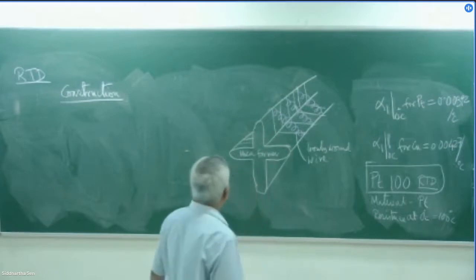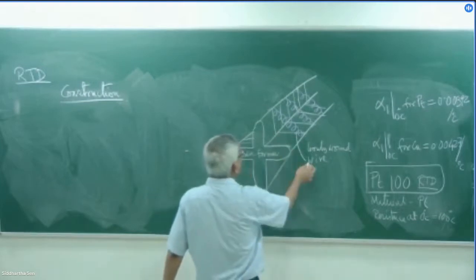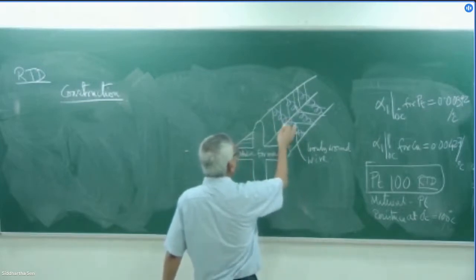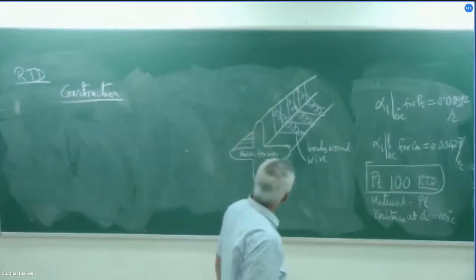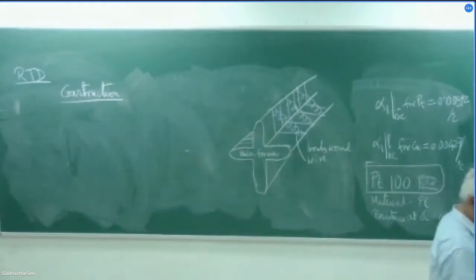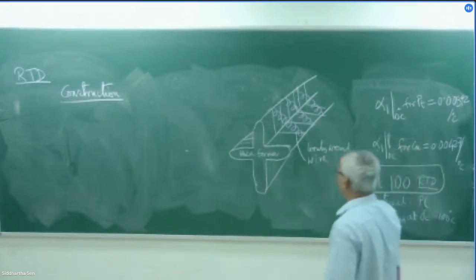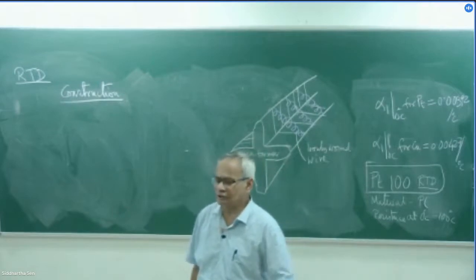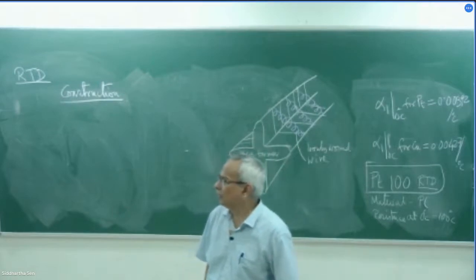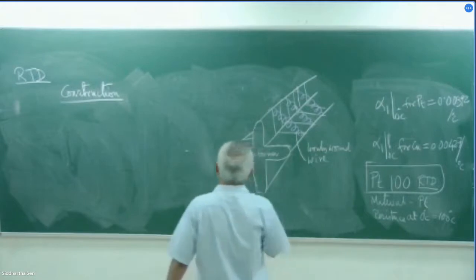If we have a loosely coiled wire, no wire will feel any strain, and the change in resistance will be due only to the change in temperature, not to any other strains.